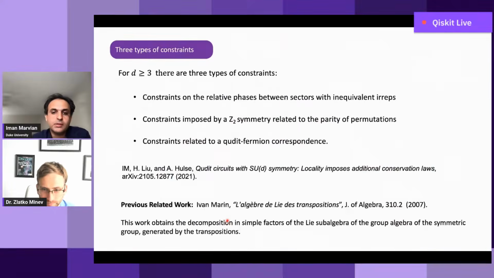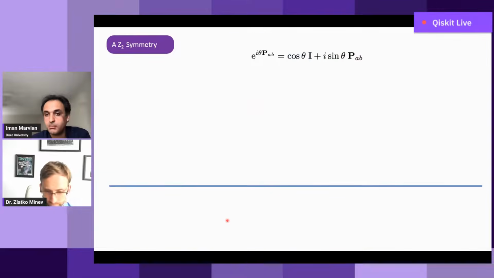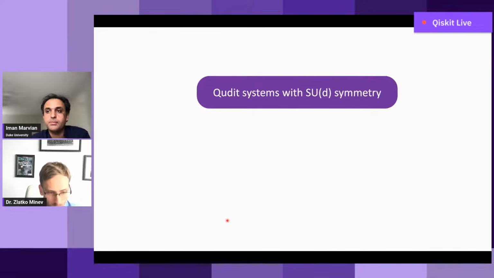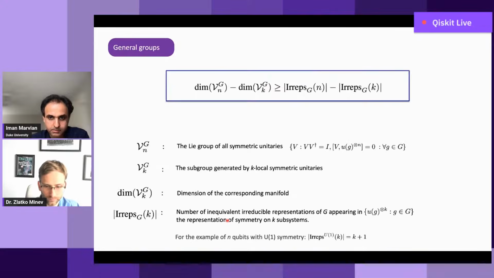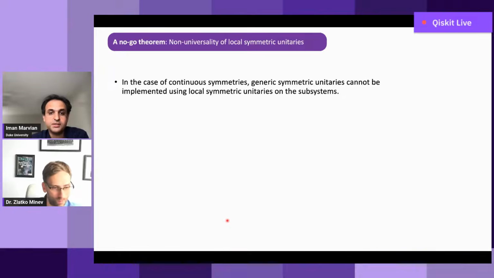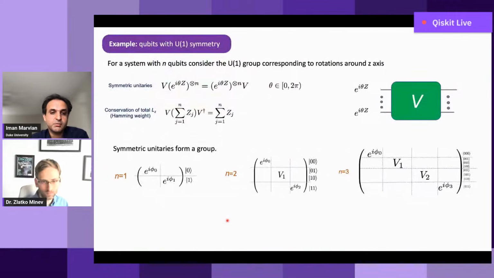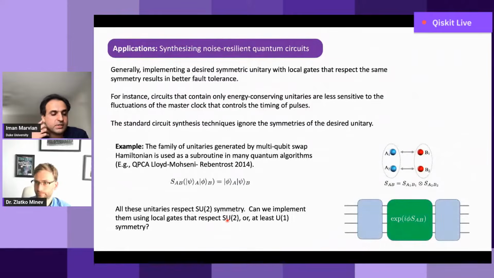Yeah, for example, if you want to implement a Hadamard that doesn't preserve the energy, then you can quantify it by thinking of... there are works that have quantified these fluctuations in the phase of the master clock, or in terms of the power density of the noise, and that immediately translates to essentially a dephasing noise.